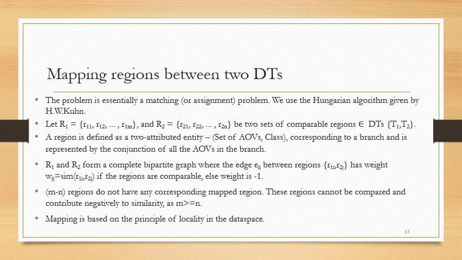Okay. So now after doing this much, we have created the AOVs, we have created the ALH, and then we have found the similarity values. We have created a matrix, and using that matrix, we have applied the Hungarian algorithm, which was proposed by Kuhn, to find the similarity and the solution for the same.